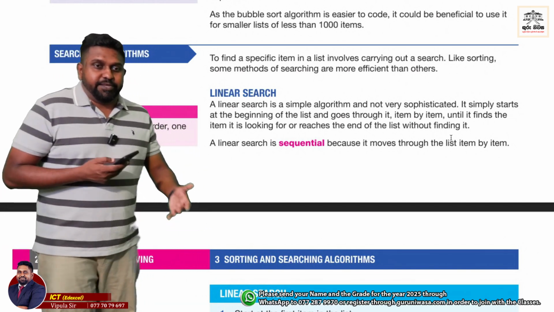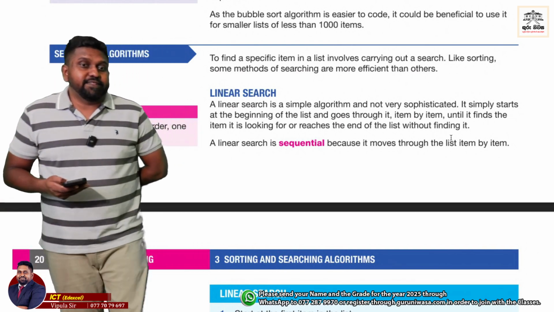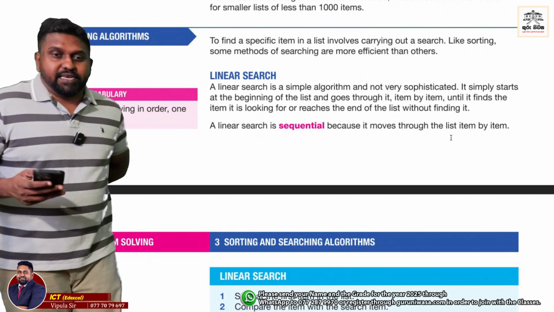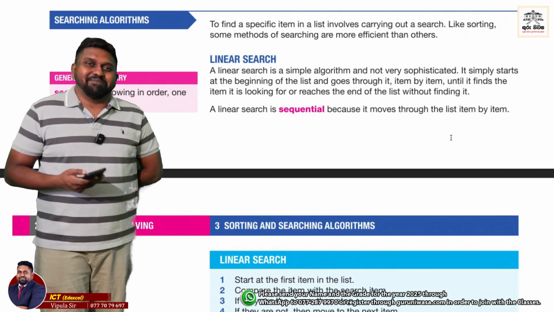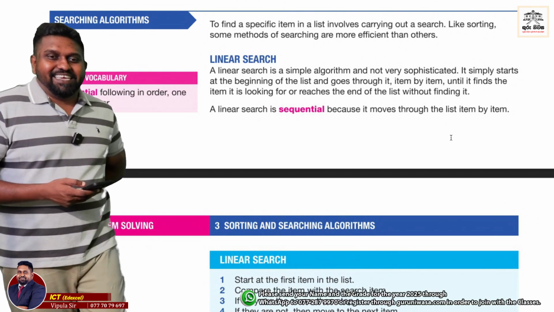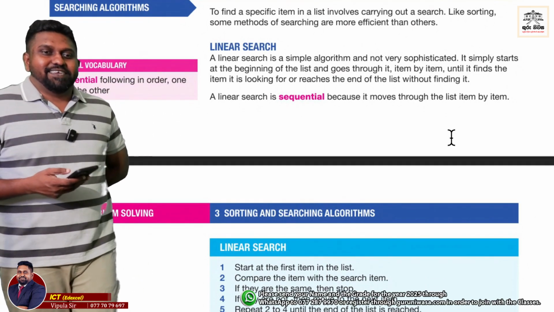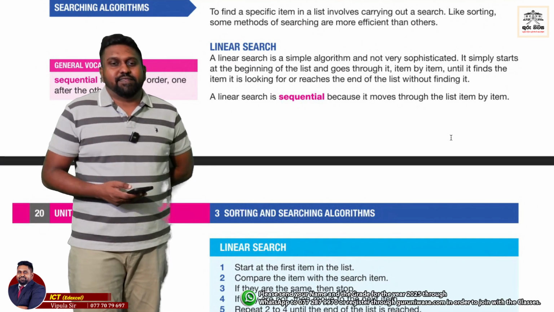Yeah, perfect. So linear search is a very simple algorithm, and it's not that sophisticated. It starts at the beginning and goes through item by item until it finds what it's looking for, or it reaches the end.